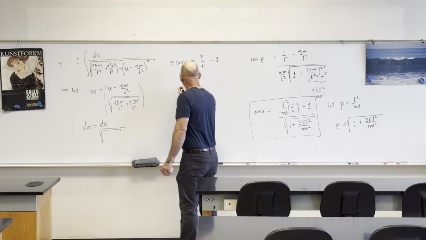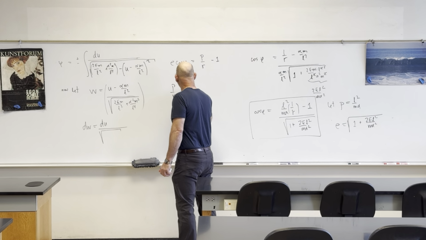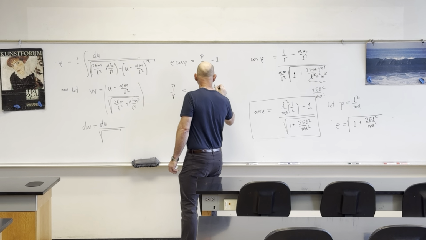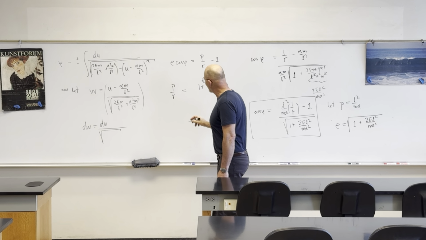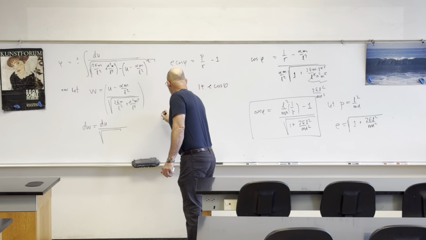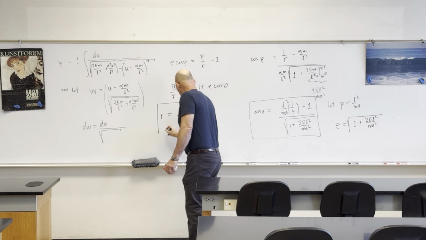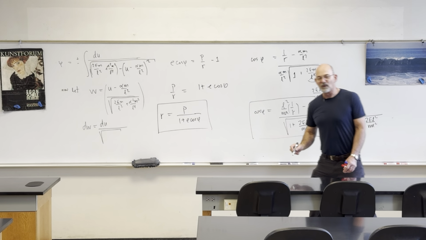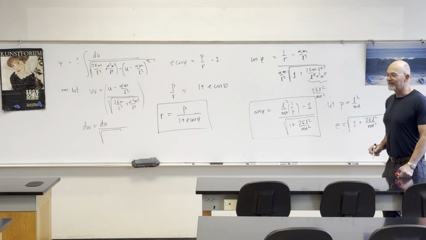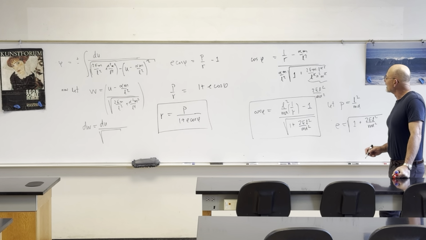And P over R is equal to 1 plus E cosine of phi. And finally, R is equal to P divided by 1 plus E cosine phi. Okay, so this is the point at which we declare victory, although we don't see what we've won yet. But that's the actual form that we were looking for.